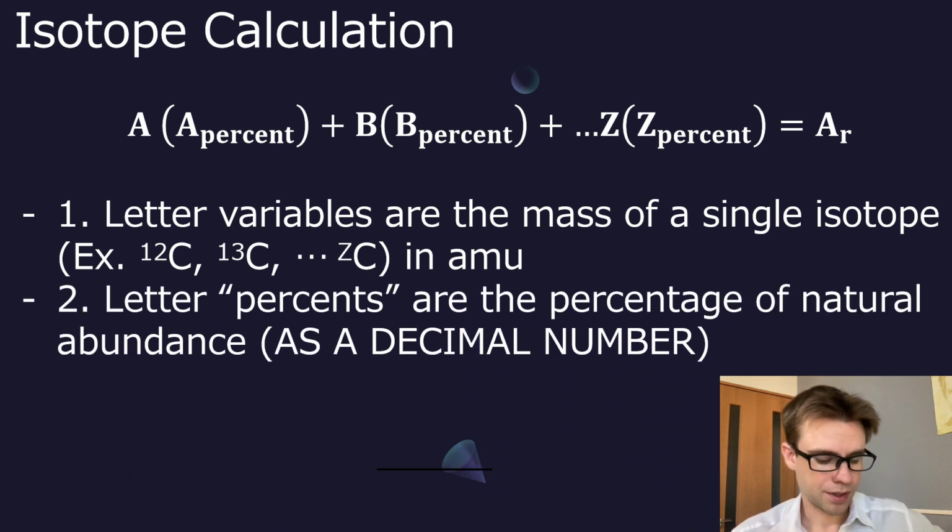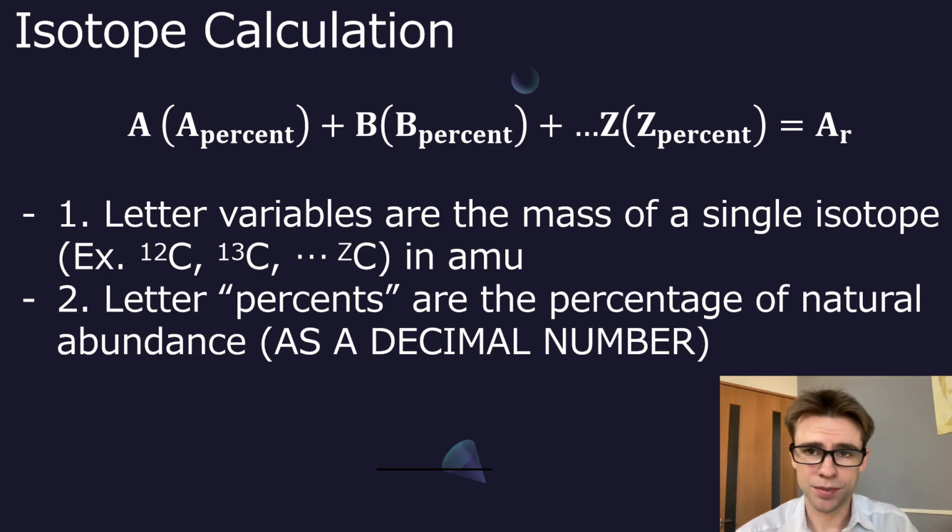The percents, the A percent, B percent, C percent, and so on, are the percentage of the natural abundance. If you take a random sample from Earth, how much of that particular isotope will there be? But the way that I've written the equation here, you must input this as a decimal number. So if you had 79%, it has to be input as 0.79, divide by 100.